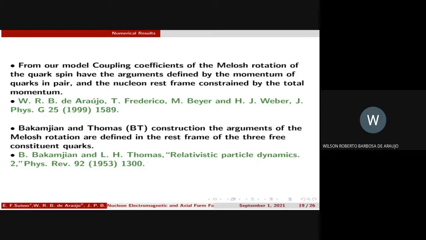The first one is the construction used in our model, where the coefficients of the Melosh rotation of quark spin have the arguments defined by the momentum of quarks in the pair, and the nucleon rest frame constrained by total momentum. On the other hand, in the Bakamjian-Thomas construction, the arguments of the Melosh rotation are defined in the rest frame of free constituent quarks.